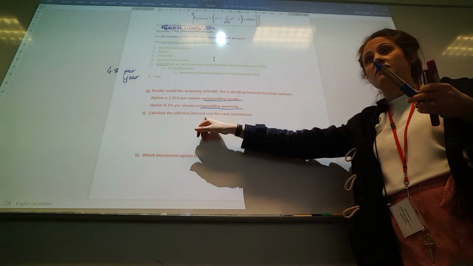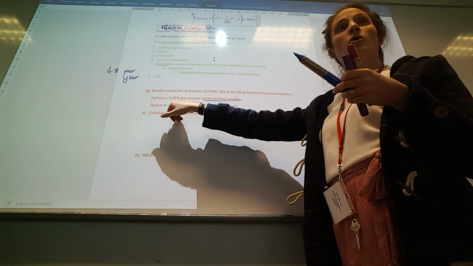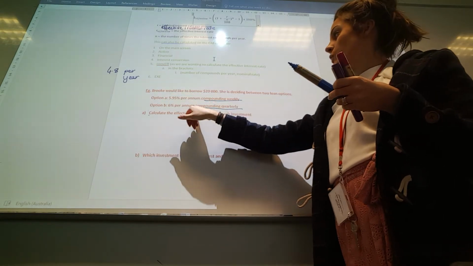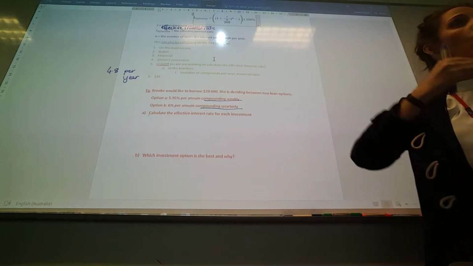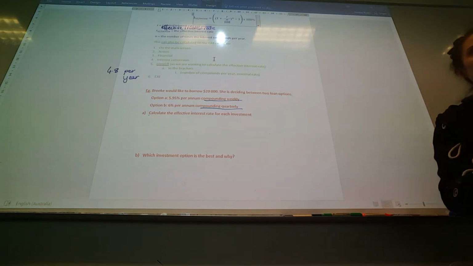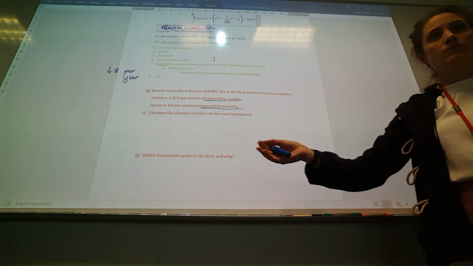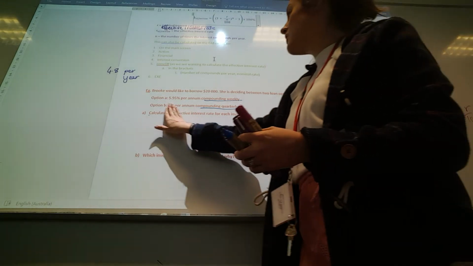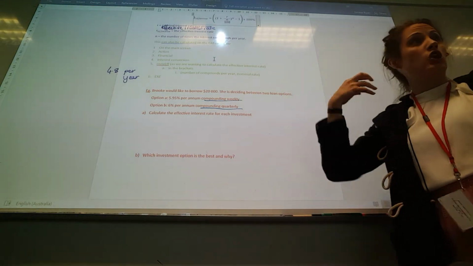Because without the effective interest rate, we are just looking at the nominal rates, and we can't really compare them when they're done differently unless we actually do all the calculations for 5, 10 years or whatever, however long she wants to borrow the money for. So, by calculating the effective interest rate, we're going to be able to find which one's the lowest, because she's borrowing, so she wants a low interest rate.